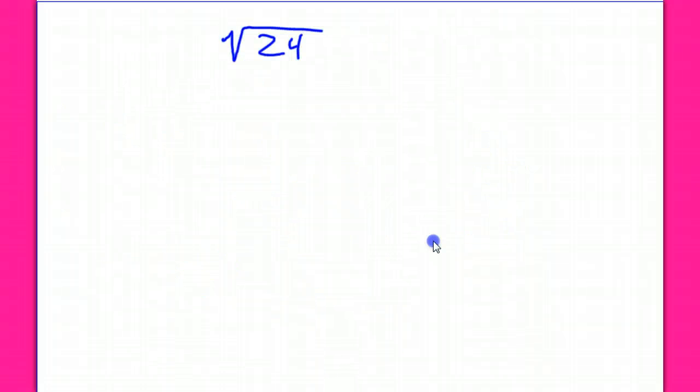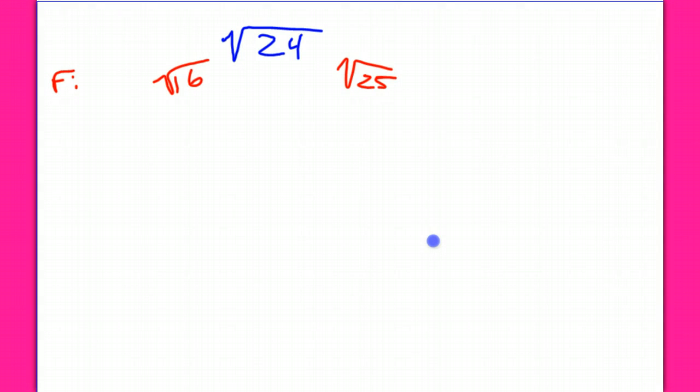Let's try this again. This time, let's make a bad estimate so that you can see the entire FEDAD, okay? That's kind of funny. Square root of 24, we know, is between, find the two perfect squares, between 25 and 16. Square root of 16 is 4, and the square root of 25 is 5.